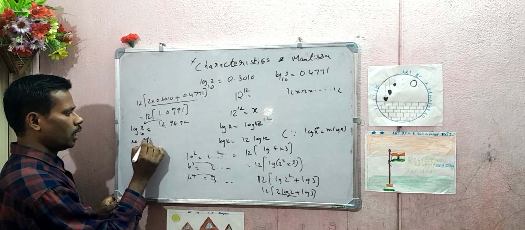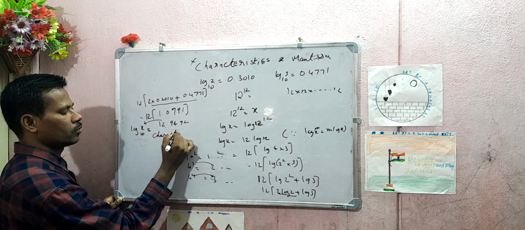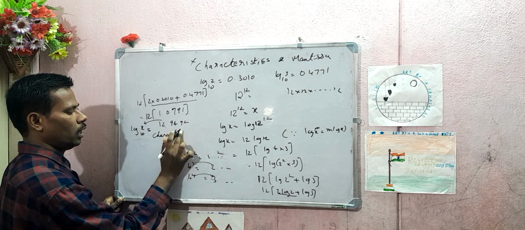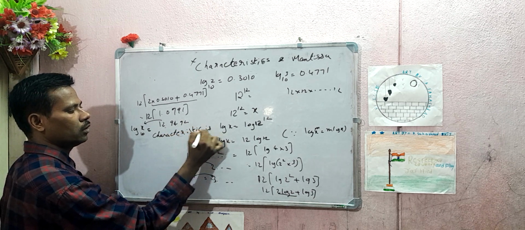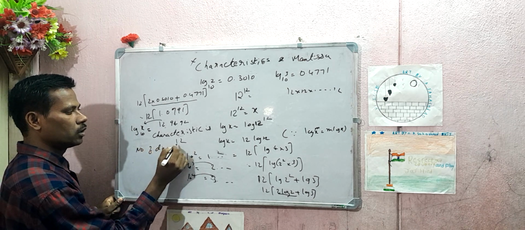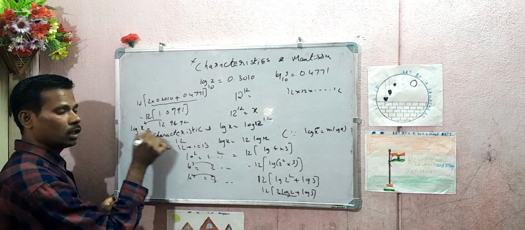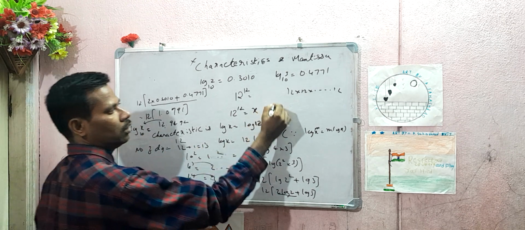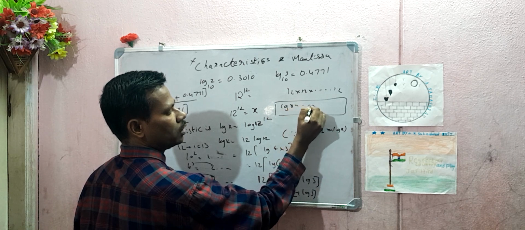the characteristic is 12. Number of digits, how much? 12 plus 1, 13. So there are 13 digits. That means the number is something like x, y, something like that.